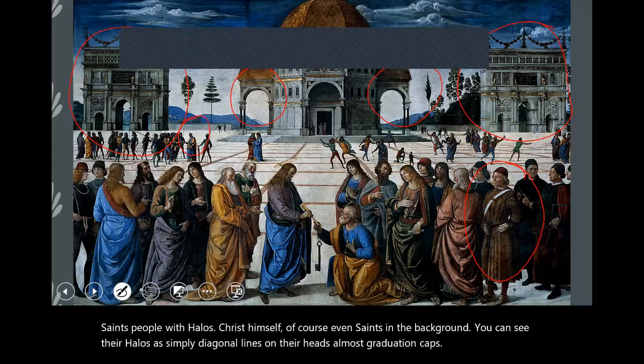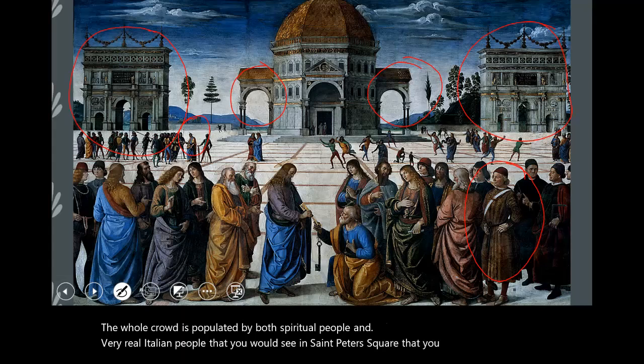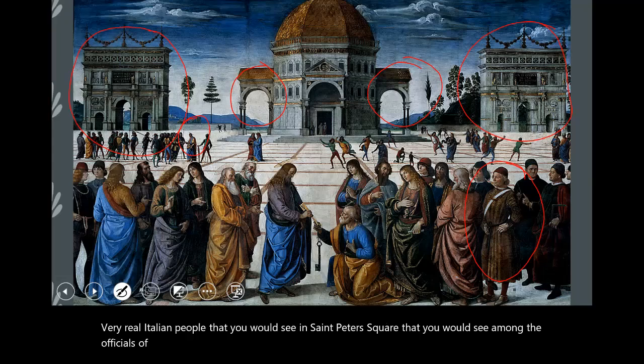The whole crowd is populated by both spiritual people and very real Italian people that you would see in St. Peter's Square, that you would see among the officials of the Vatican and the wider Roman population itself.